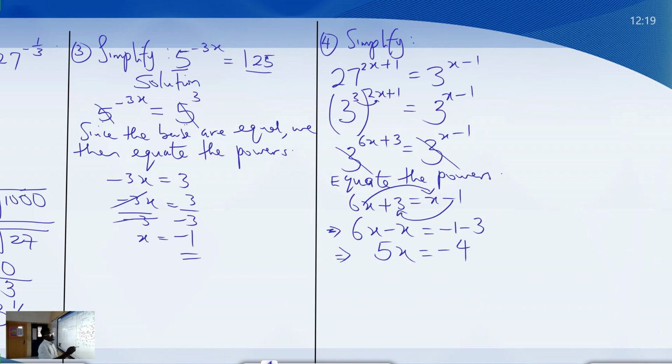So divide both sides by 5 to get x. Divide both sides by the coefficient of x, which is 5. So you have 5x over 5 equals minus 4 over 5. 5 cancel 5. So your x is minus 4 over 5.